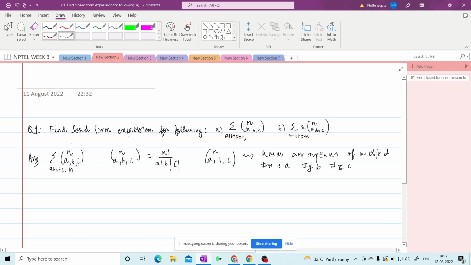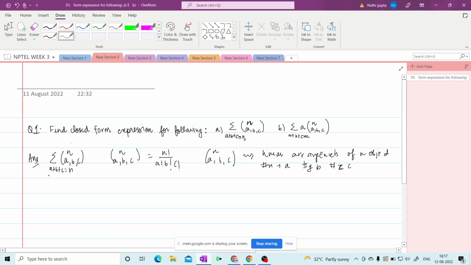So we have seen that by definition n choose a, b, c refers to the linear arrangement of a x's, b y's and c z's. This is what n choose a, b, c is. Now we are summing it over all possible possibilities.